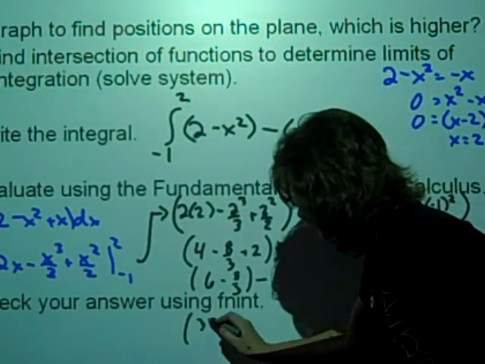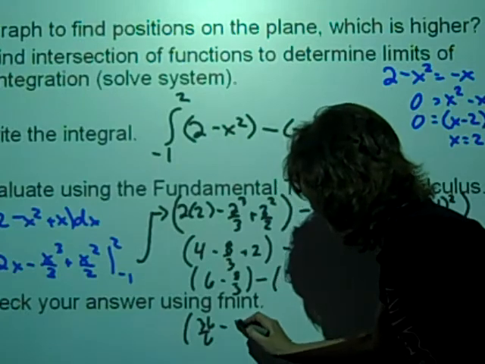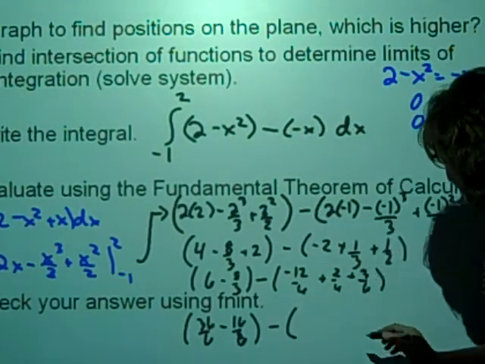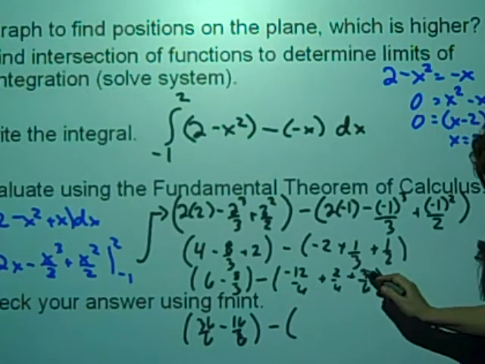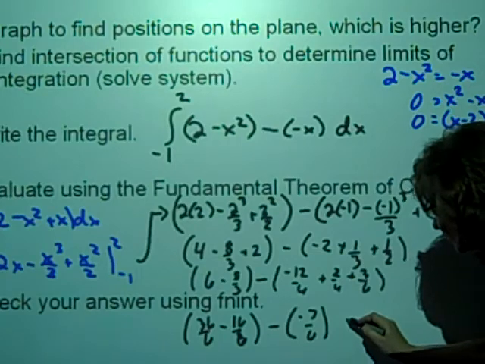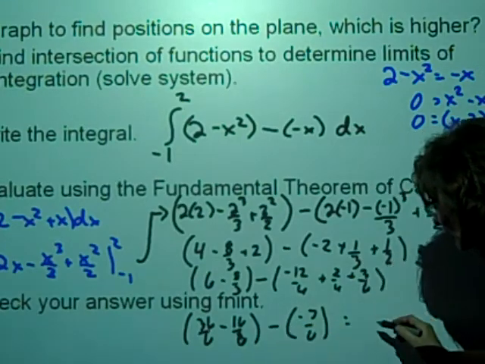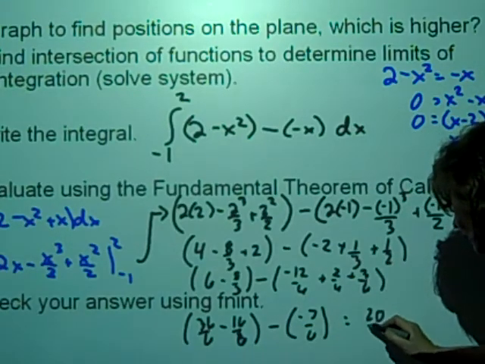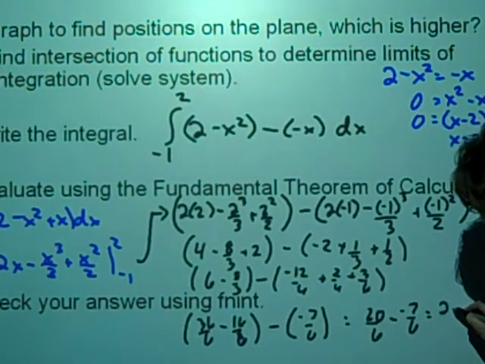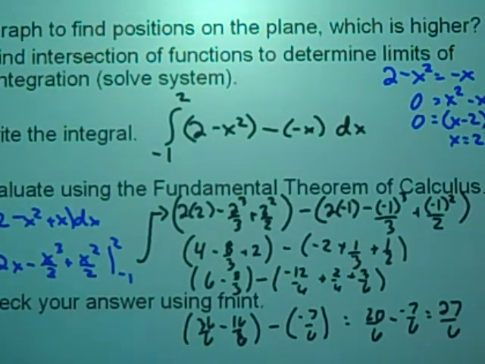So I've got 36/6 minus 16/6. -12 plus 5, -7. 36 minus 16, so I've got 26 minus -7/6. 27/6.